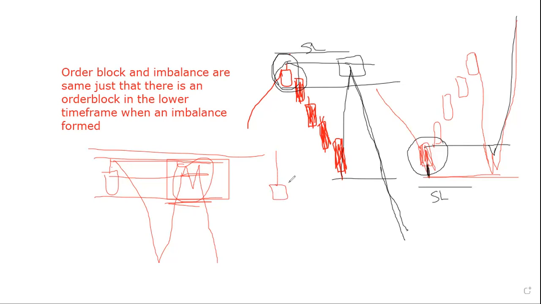And after the hammer bar, the next bar is going to engulf this hammer bar, that is, push price further down very fast. This particular bar formation is what I want to see. This is the bar formation I want to see for my entry, at least to trust this order block.